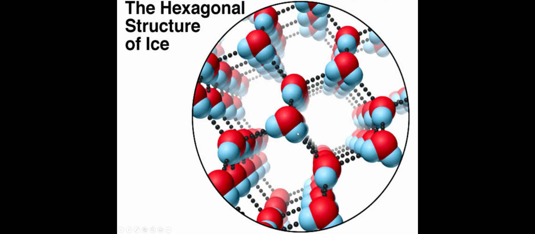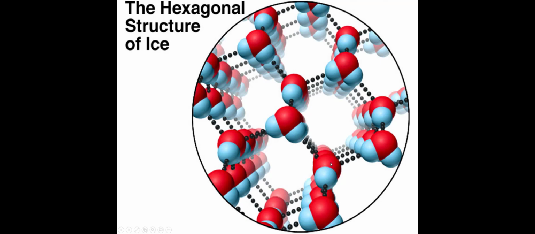Every one of these guys right here stands for a water molecule. And so we see the oxygen here is attracted to the hydrogen, the partially positive hydrogen. Here we're using these dots to stand for the hydrogen bonds. And then that pattern continues. And you'll notice if you look carefully that we get what look like hexagons here.